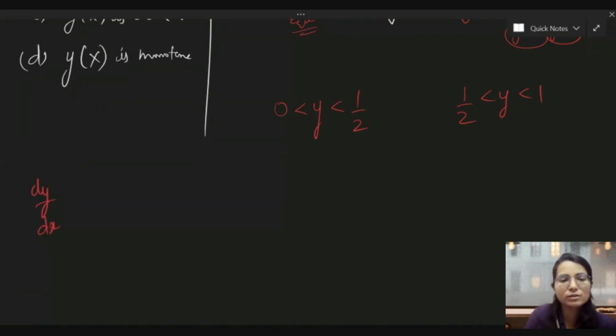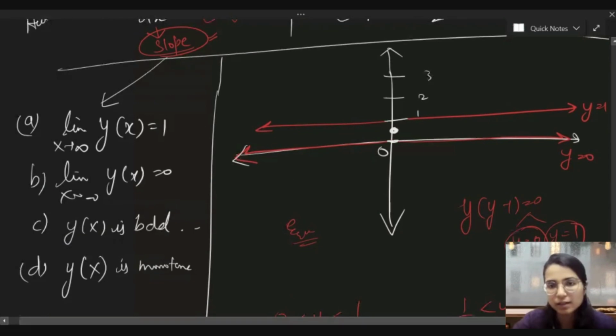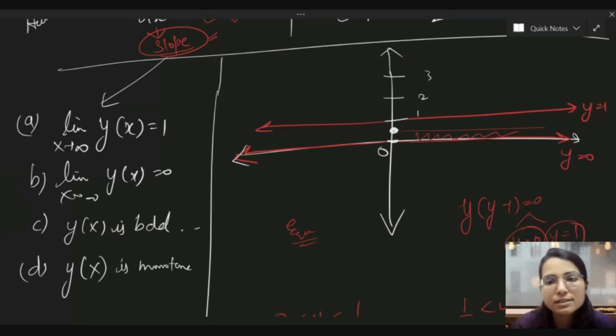What I'm asking you is this. Whenever vertically y is from 0 to half, I mean, in this portion, how does my solution behave? I want to know the behavior of my solution. I will let you know that shortly.